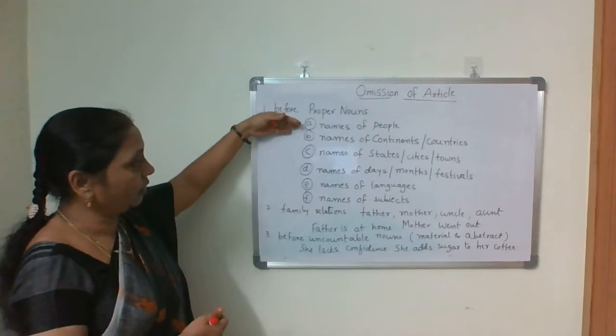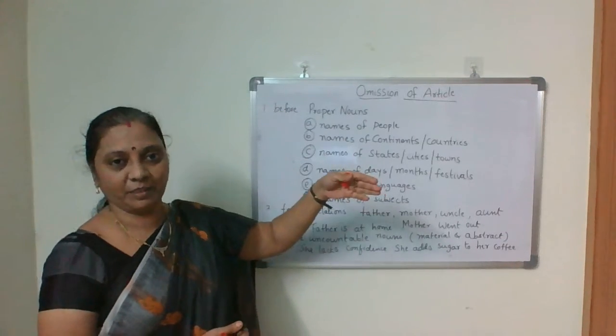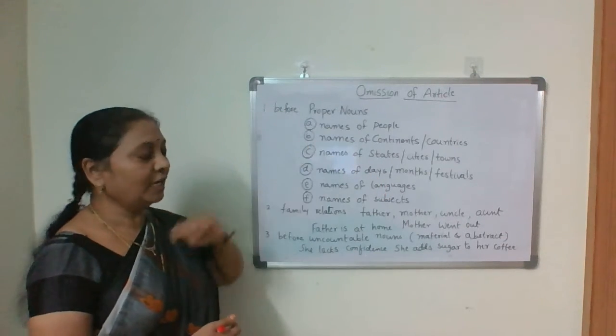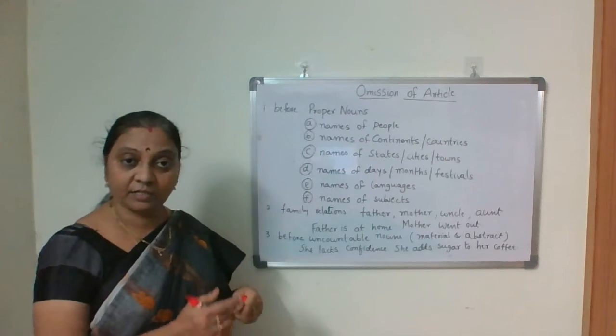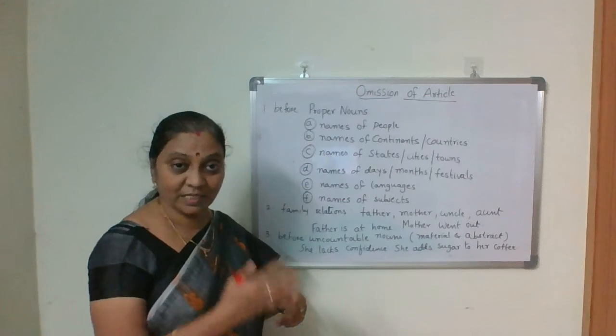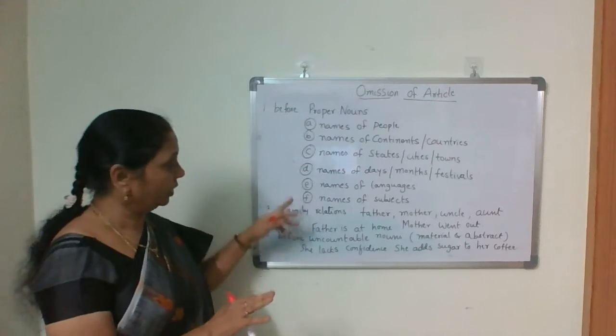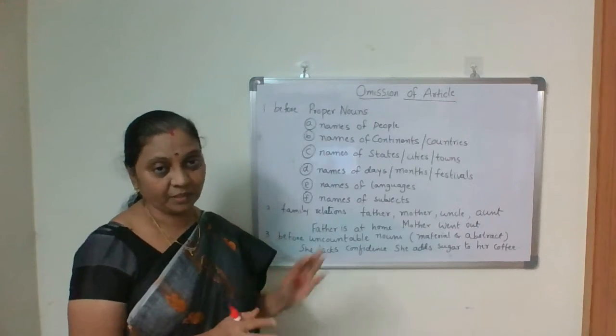Once again, let us look at all this. Before proper nouns, like the names of persons, no article. Names of continents and countries, no article. Names of states, cities, and towns, zero article. Names of days, months, and festivals, no. Names of languages, no article. And names of subjects, no article.